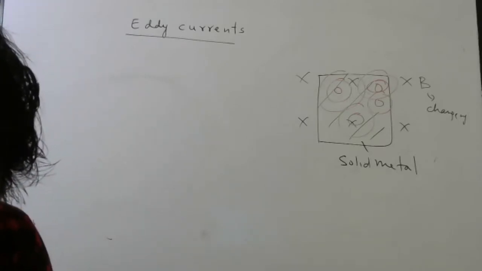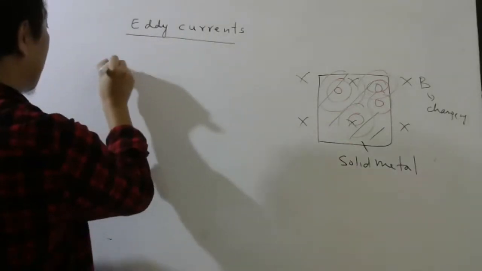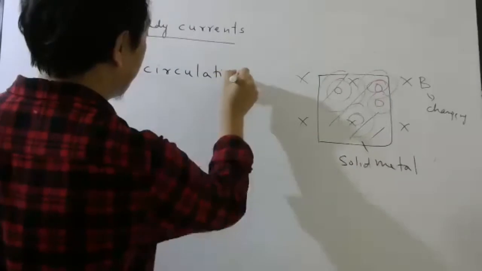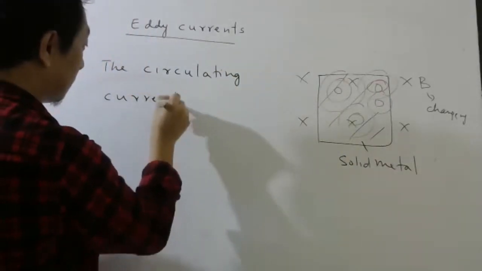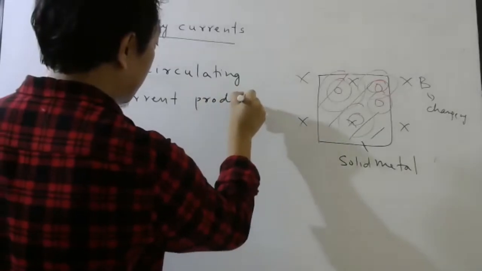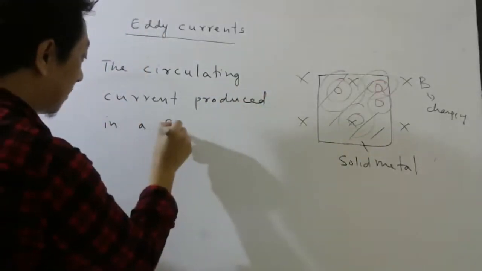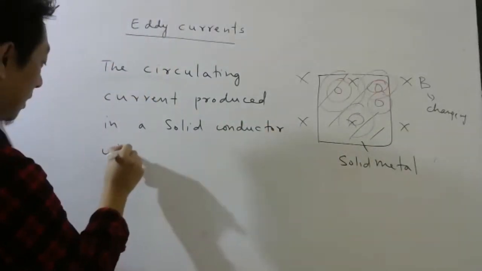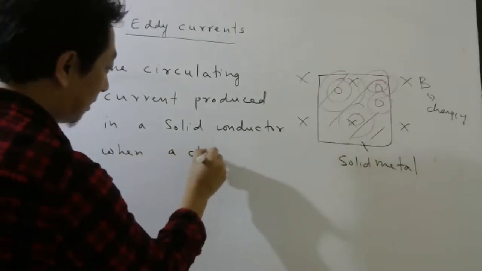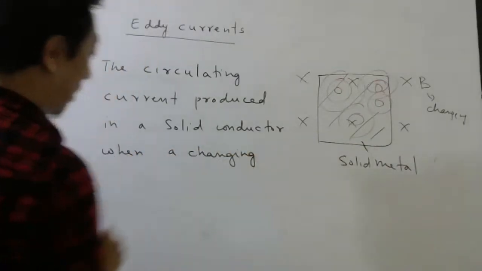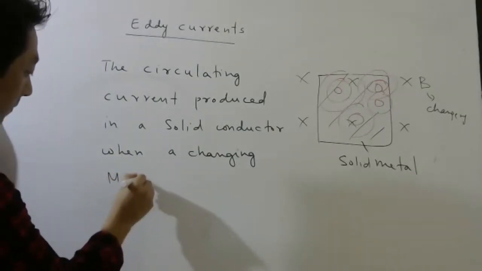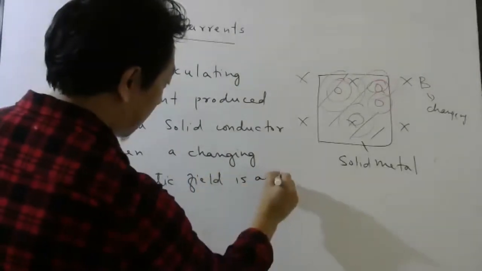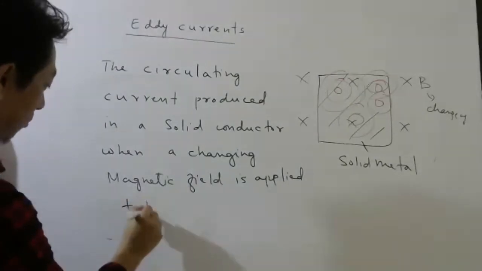So how to write the definition for the board exam? The circulating current, as Tejaswini was saying, the circulating current produced in a solid conductor when a changing magnetic field is applied to the conductor.